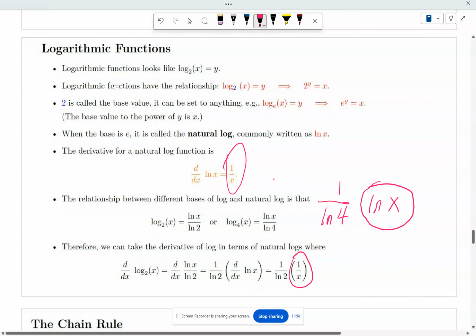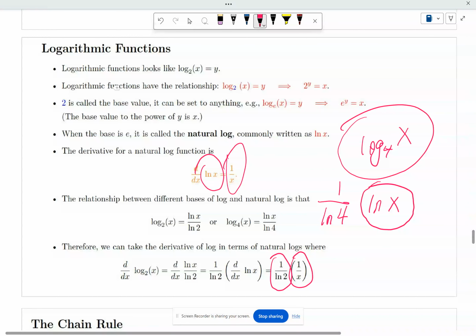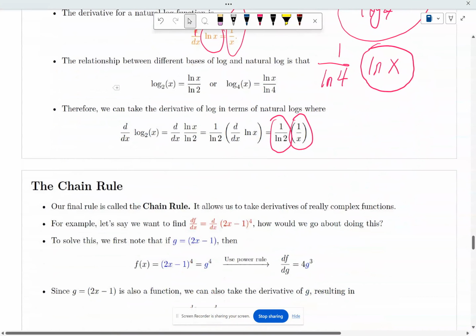Therefore, this is 1 over x times 1 divided by the natural log of 2. So now you know how to take the derivative of the natural log of x, and you know how to take the derivative of any log base of x. If it's not natural log, you simply have to convert it first into natural log. All right.